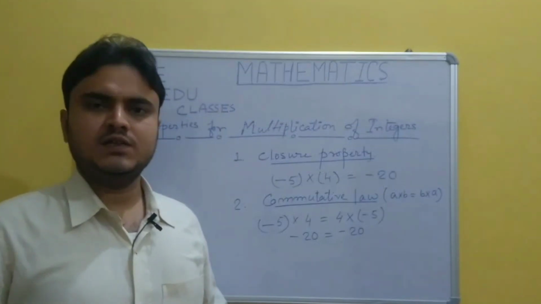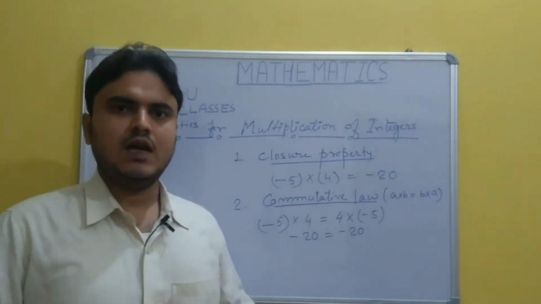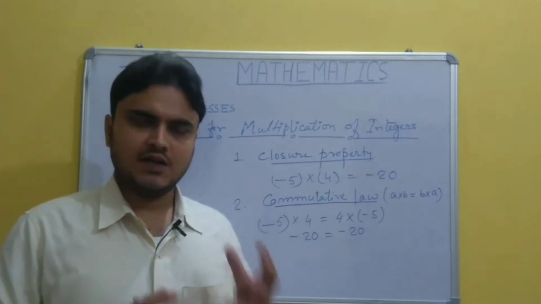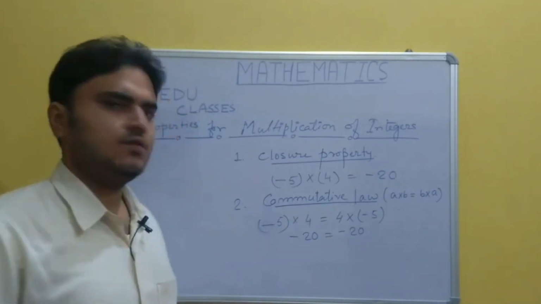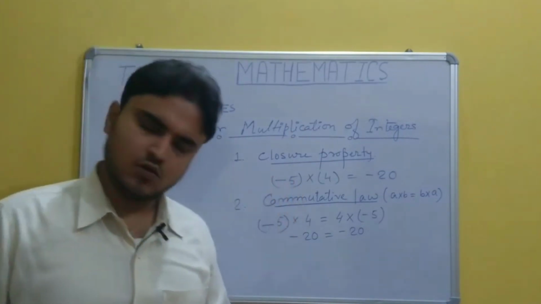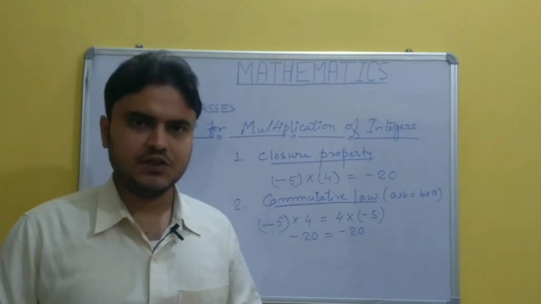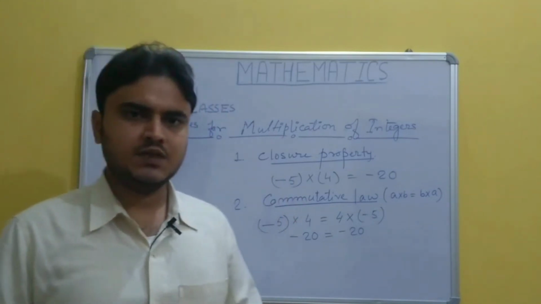Now, properties for the multiplication of integer numbers. Similar to the addition of integer numbers, there are also some properties for the multiplication of integer numbers. First is closure property. What is the closure property for multiplication?